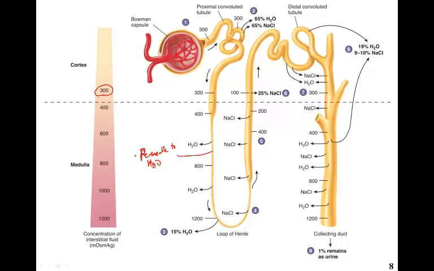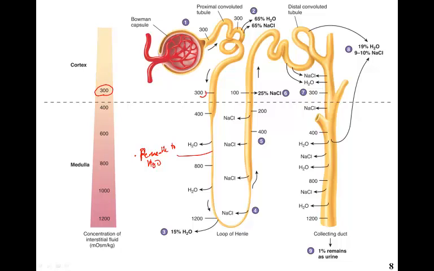High concentration out here, so the water flows out of this thin descending loop of Henle, because the concentration of the interstitial fluid is so high, water wants to flow out into it. And so one of the consequences of that, let's follow these numbers.